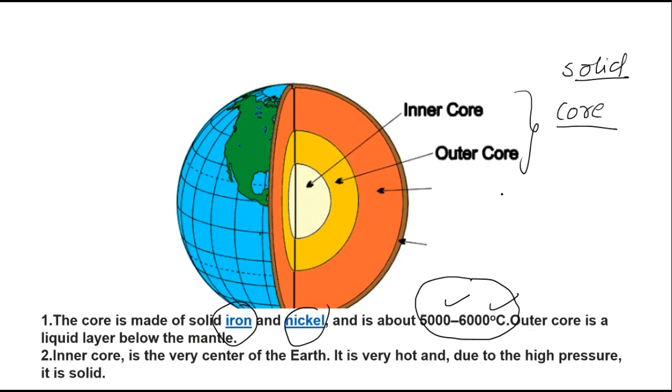They can even melt, but the pressure on this is so much that it is totally compressed and therefore there is no option for getting melted. So they are in the form of solid, right? So please remember that the core is in the center and has a very high temperature.